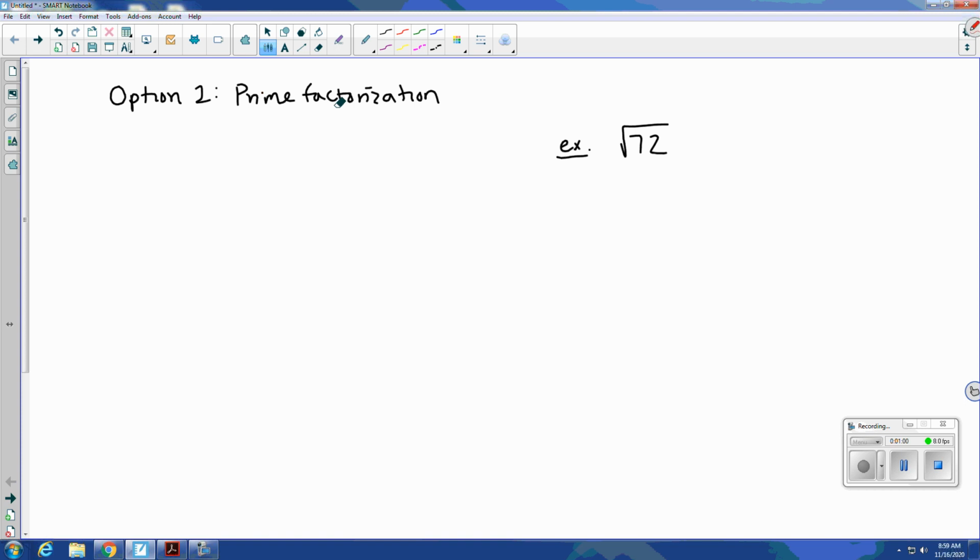The first thing you do is you break down 72 into its prime factorization, meaning you're going to write 72 as the product of all prime numbers.